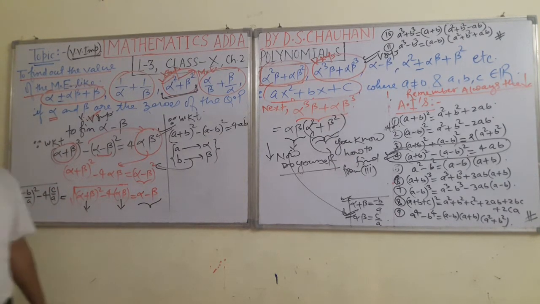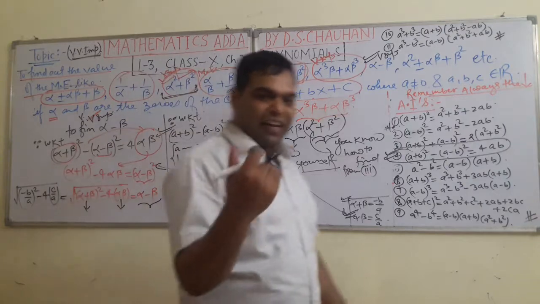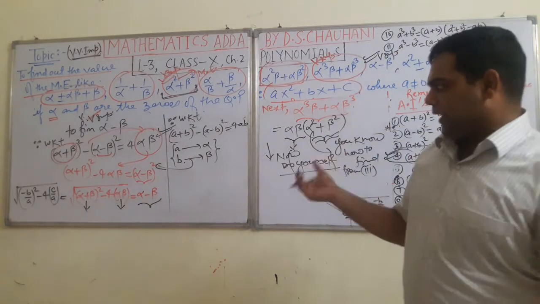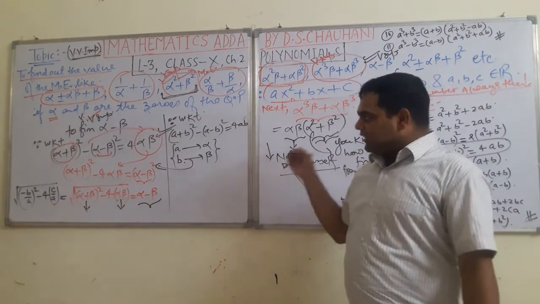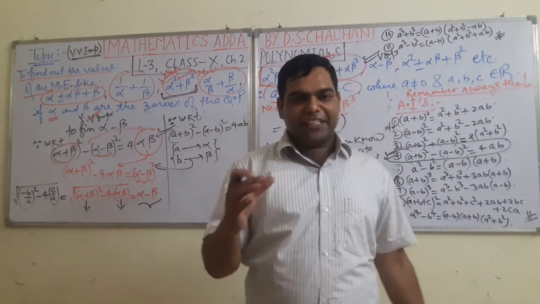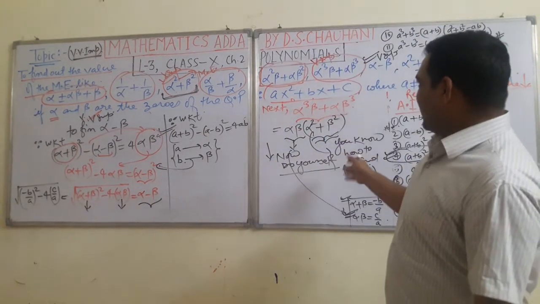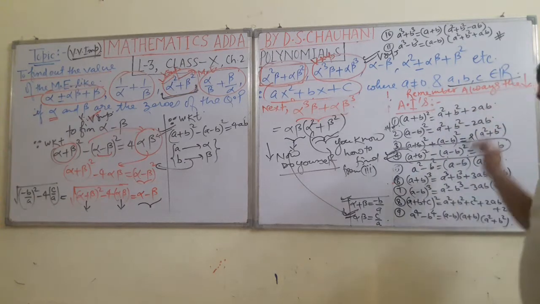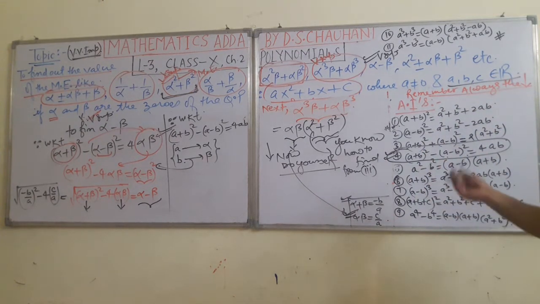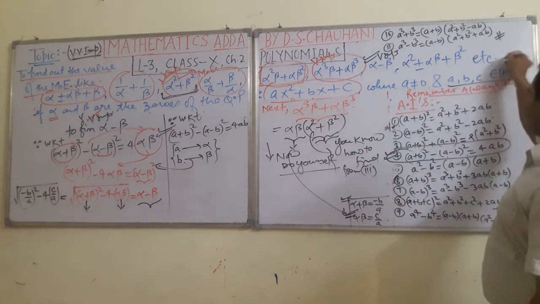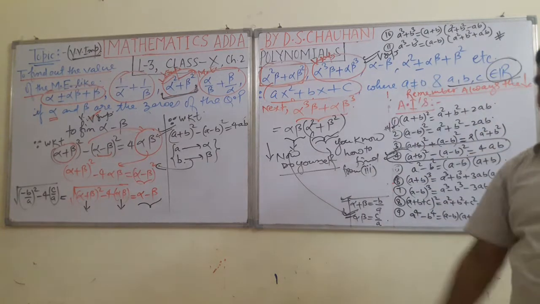Now you simplify and get the specific answer in terms of a, b and c. Why are all these answers coming in terms of a, b, c? Because these are still unknown. These are real numbers. What are they? We don't know. We only know which field they belong to.